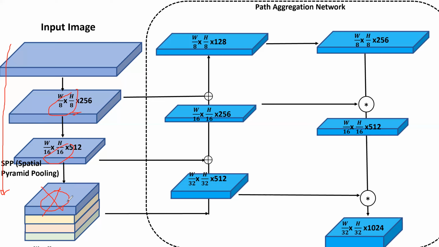So information will be largely lost when I reach this feature map. But now if I have this kind of skip connection, then my original information will be added. Something like that. Please go on.